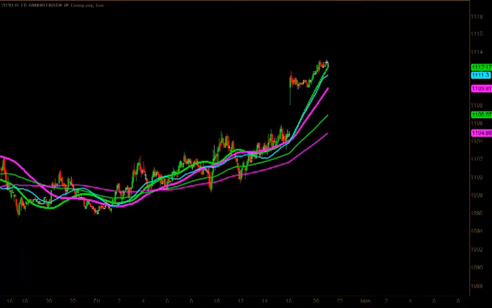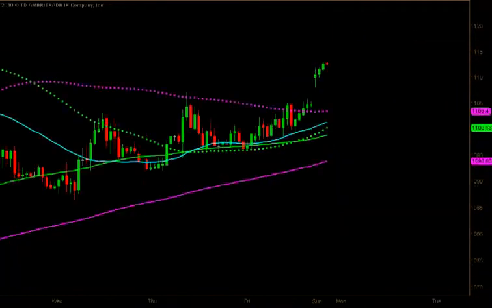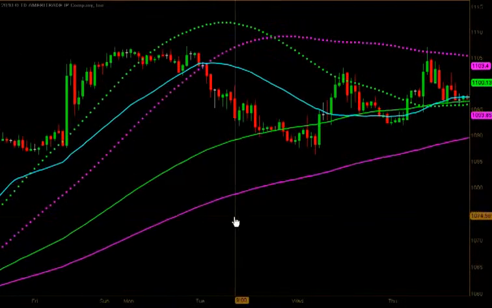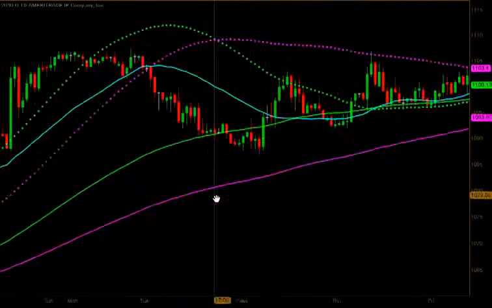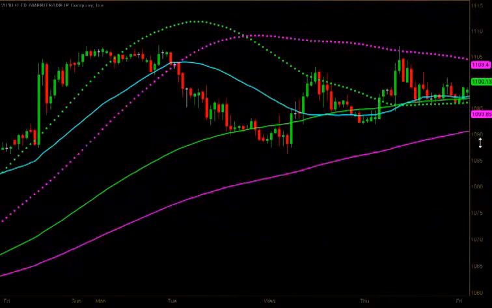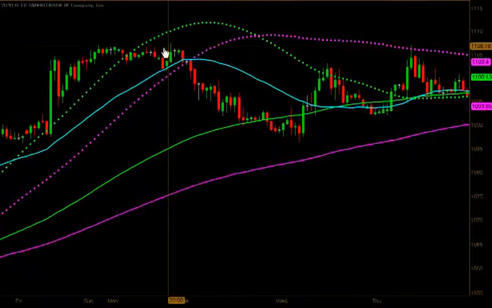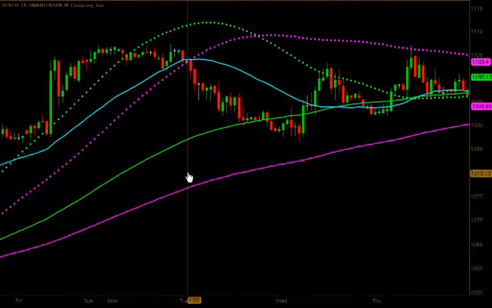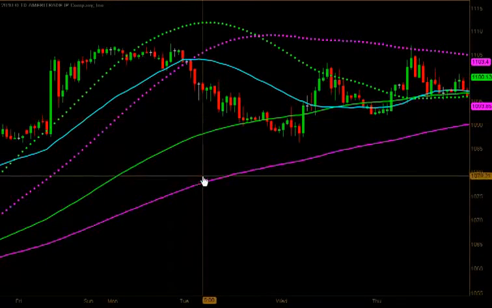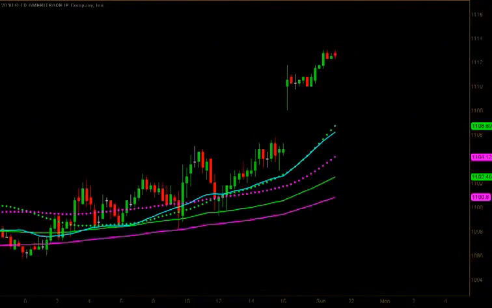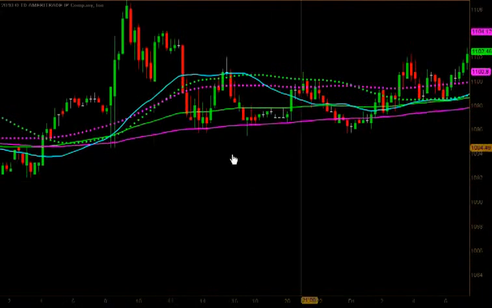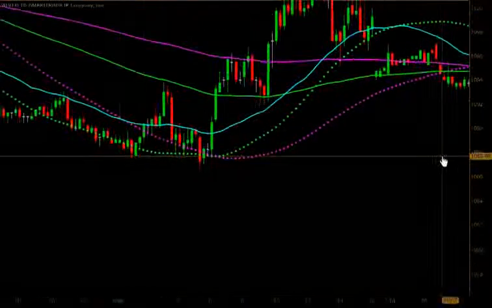So let's see if we can get an example of how this actually worked. This is a 60-minute chart from just before, when the ES was declining. On this, you can see that we are actually in an uptrend. Let me go back to the 15-minute chart and get you to the same time frame, which is right here.